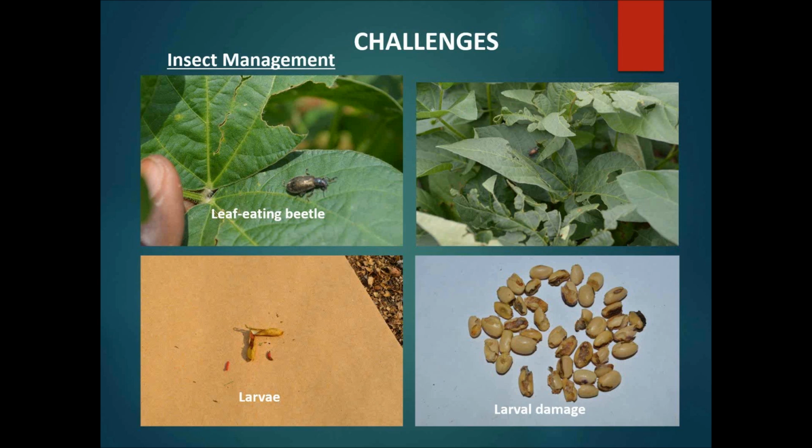I think at the time of podding, it lays the eggs on the pods, and at the time of maturing, the eggs hatch and the larva penetrates into the seed. And what we see here is it feeds on the seed, and then they cause some damage and defecate in the seed and in the pod. So this is a major concern that we'll have to look at maybe the next time I'm there, with scientists in Surrey.